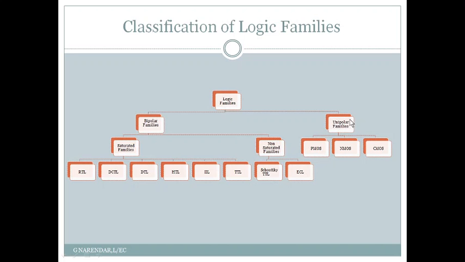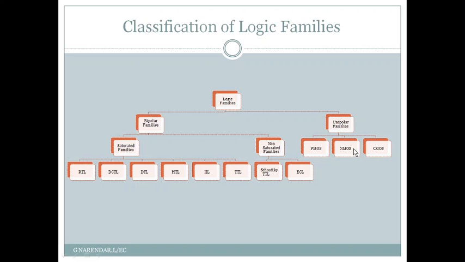And under unipolar families, depending on the exact semiconductor device used to build the digital circuit, it is categorized into three categories: PMOS family, NMOS family, and CMOS family. When the digital circuit uses only P-channel MOSFETs, it belongs to the PMOS family.